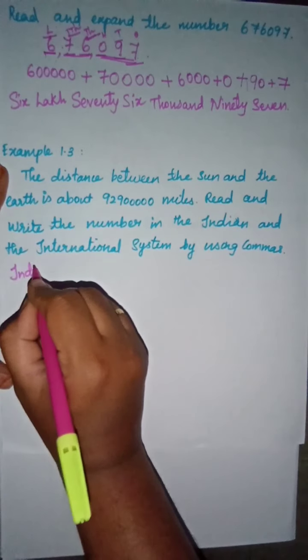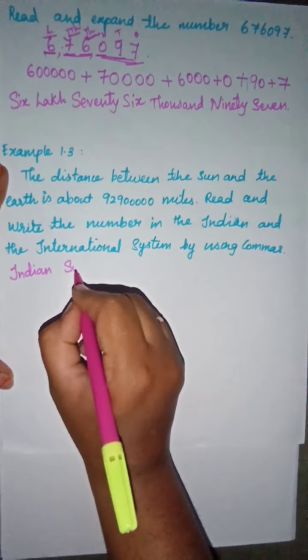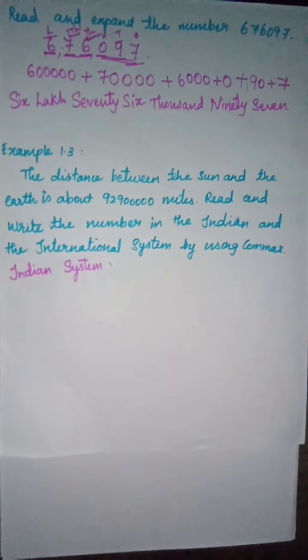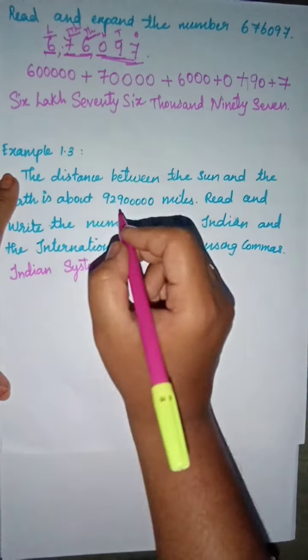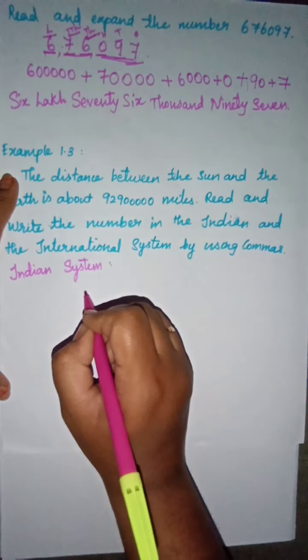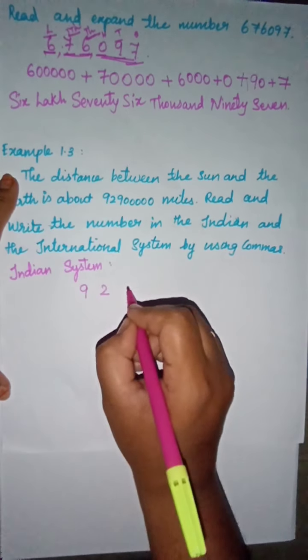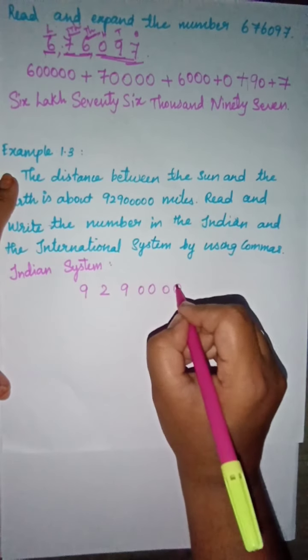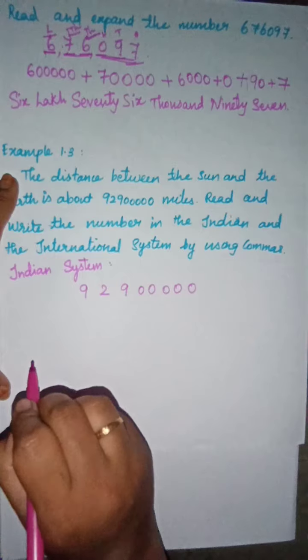Indian system means first we have to take that number and write it: 9290000. Next we have to put commas.